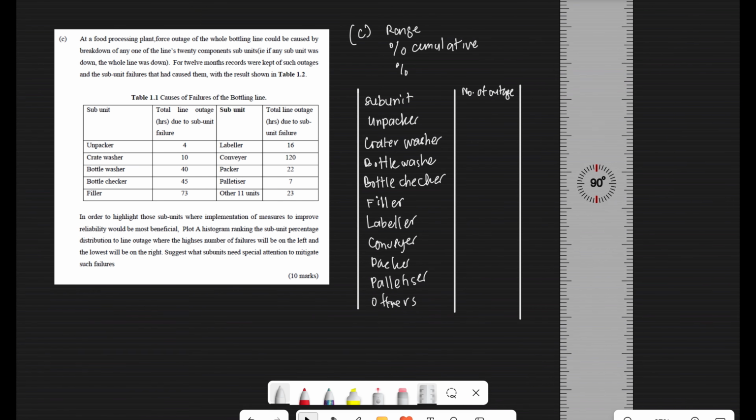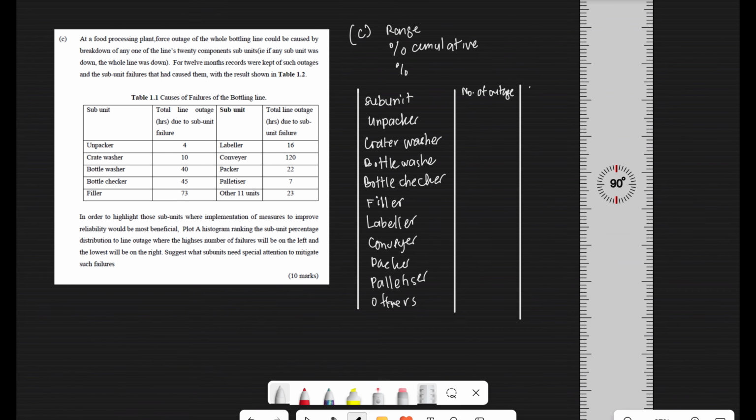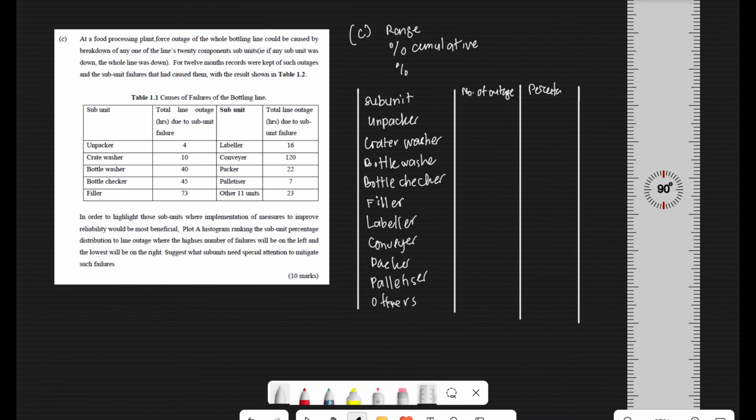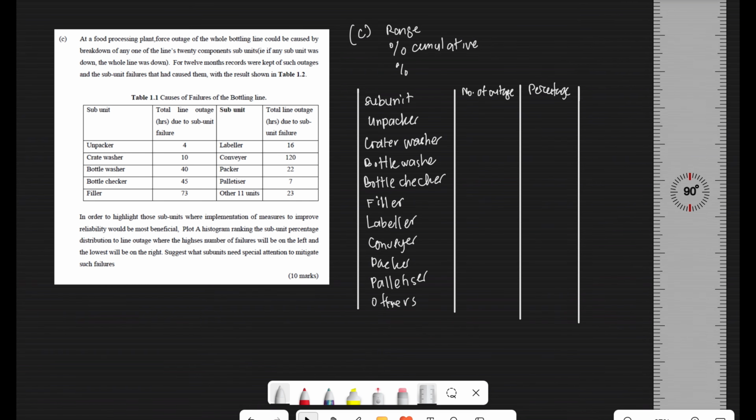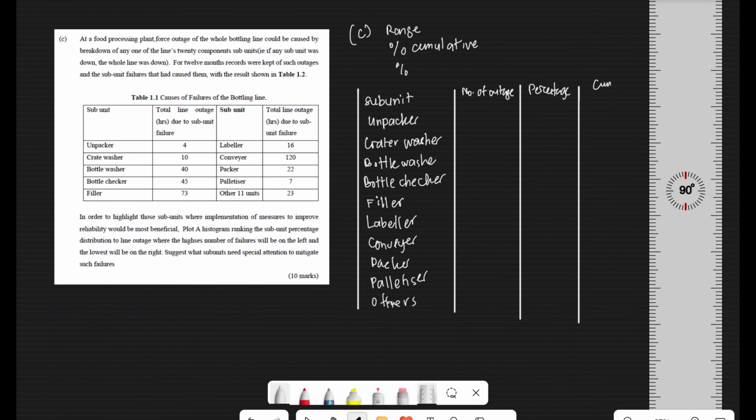Then the percentage. Okay, and then cumulative percentage.